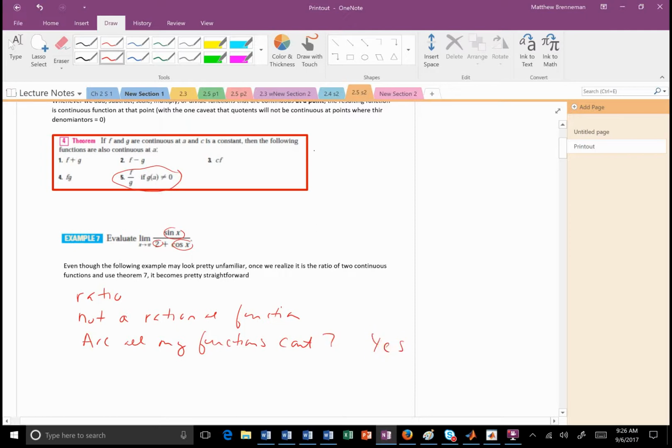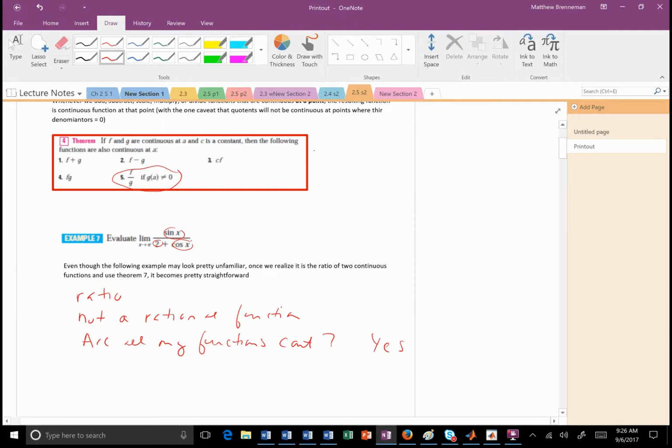Okay, so what's the last thing I have to ask? There's one last question. I'm almost there. I got a ratio, they're continuous. Does the denominator go to 0? We have to kill it. So what are we worried about?